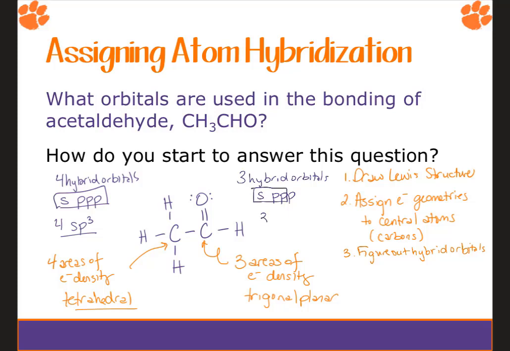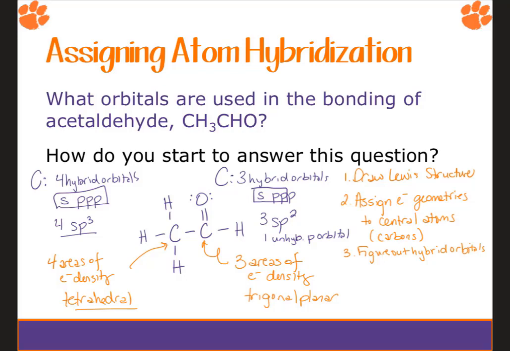This means I'm going to have 3 sp2 hybrid orbitals and then 1 unhybridized p orbital left. Again, those are just for the carbons. For the left-hand carbon, I have sp3 hybrid orbitals. For the right-hand carbon, I have sp2 hybrid orbitals.